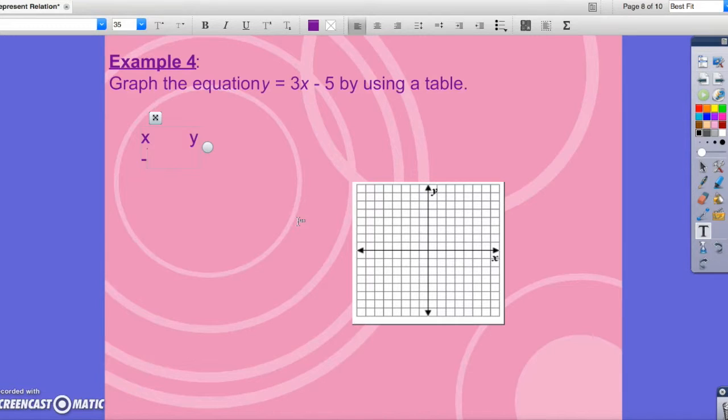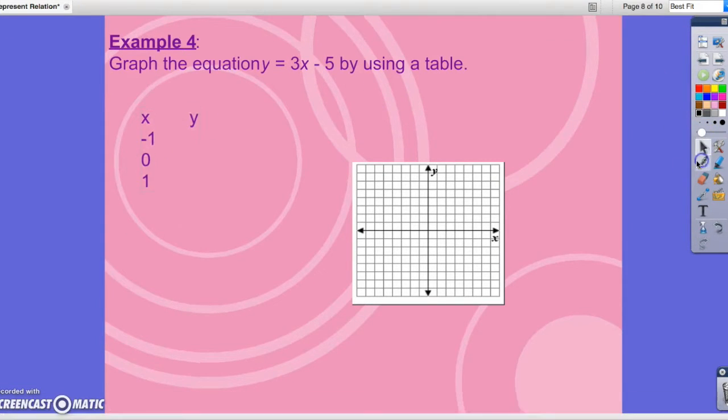I'd say pick 3. If you had to pick, I would pick 3 or 5. I'm going to do 3 of them. I usually try to pick, if you do 3, which is the minimum, -1 and 1 and 0. 0 in the middle, -1 to the left, 1 number to the right, +1. So we're going to plug in -1 here.